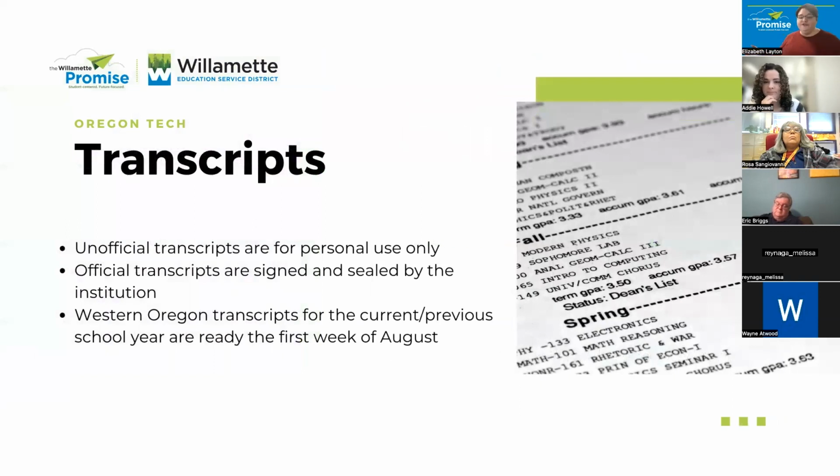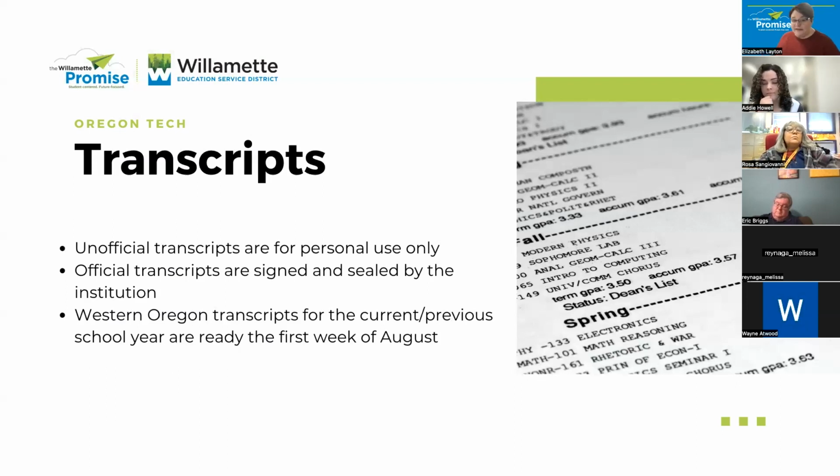So after a student has completed both portions of the registration process for our program, paid their fees, and accepted their grade, the last step is to order their transcripts. However, due to the nature of our program, grades for the current or previous year aren't ready until the first week of August.